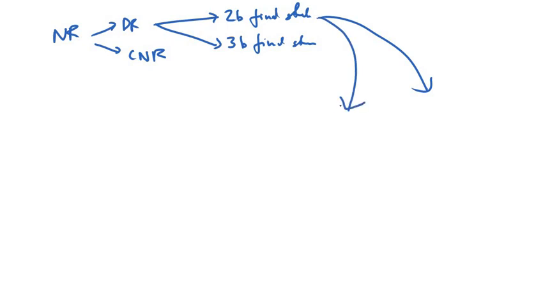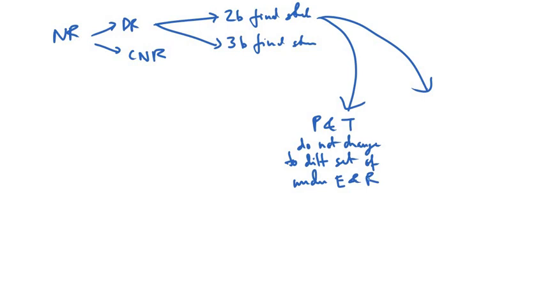In one type, the initial pair of nuclei, P and T, projectile and target, do not change to a different set of nuclei, that is, ejectile and residue. If such a case happens, then we have basically scattering.